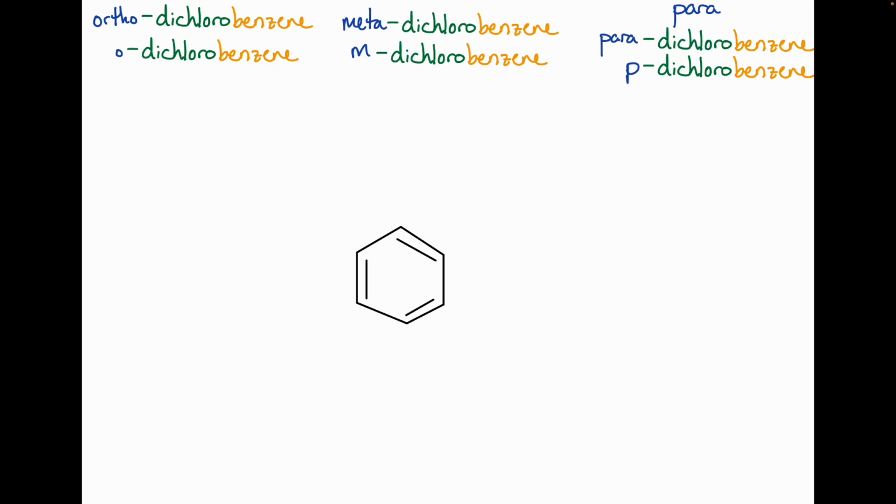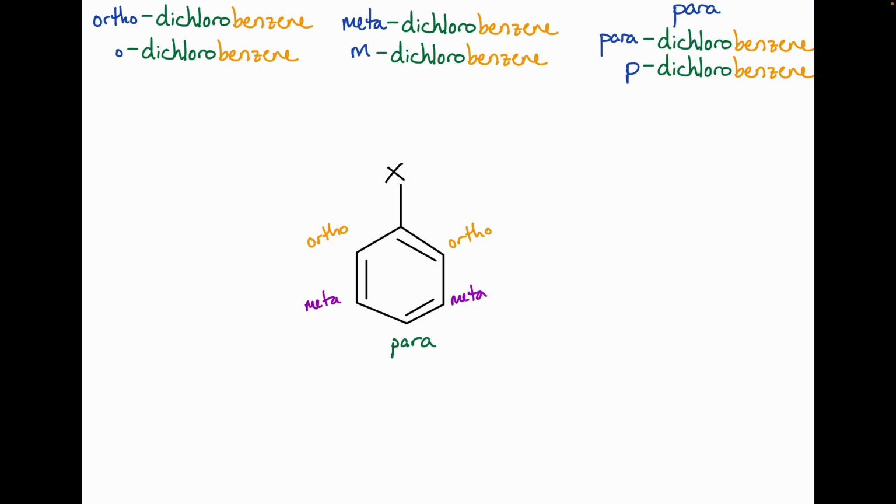Let's say that our first substituent is located here. Right next door are those ortho positions. Next down are our meta positions. And then on the opposite side are our para positions.